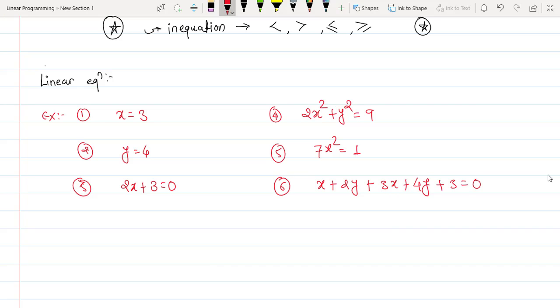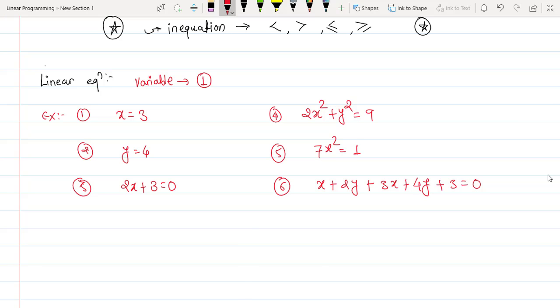Now tell me, out of these six, which are the linear equations? Yes, very good. The linear equations are those in which the variables have 1 as the highest power. What should the highest index of the variable be? That is 1.